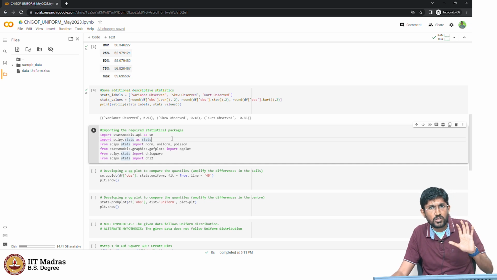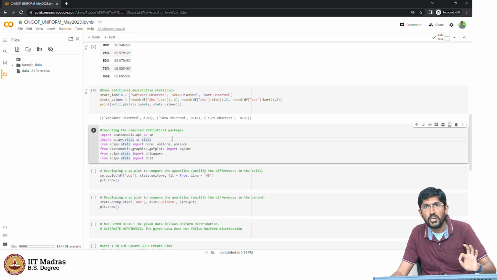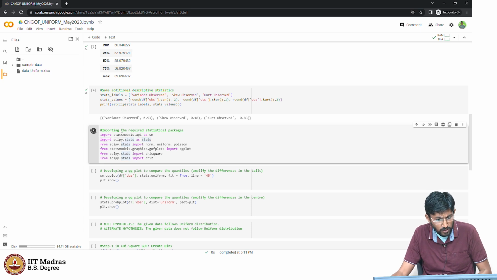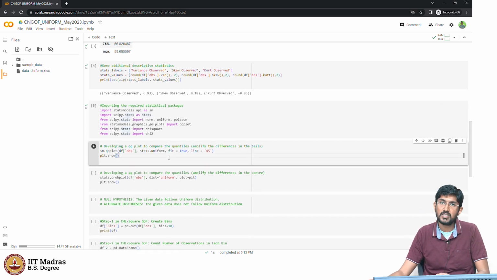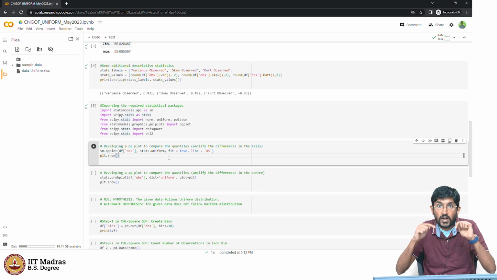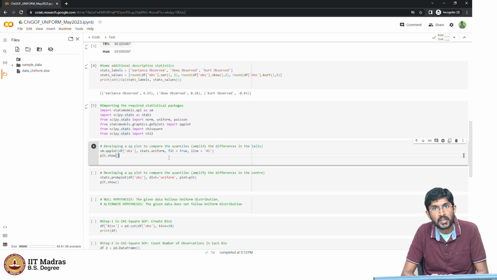Now, based on visualizations and some descriptive statistics, we are saying it's uniform. We need to perform a test and conclude that it is uniform. So for performing the test, we are going to import all of these statistical packages. Once we have them, we can check whether our guess of uniform is good or not using something known as the QQ plot, the quantile plot.